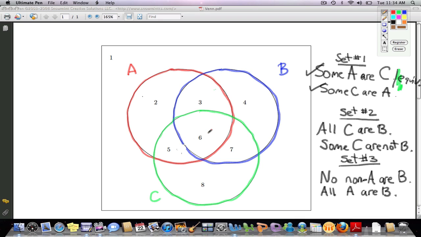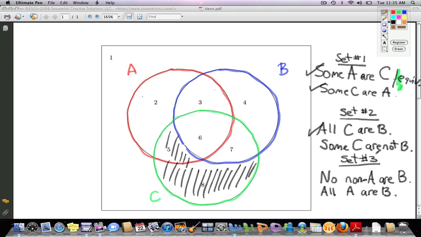All C are B makes a claim about those things in the C circle, the green circle, and says all of those are B. So we can't have any in area 5 or 8 outside of the B circle. 5 and 8 again are exactly what we can't have if all C are B. So that's how our first claim would look.